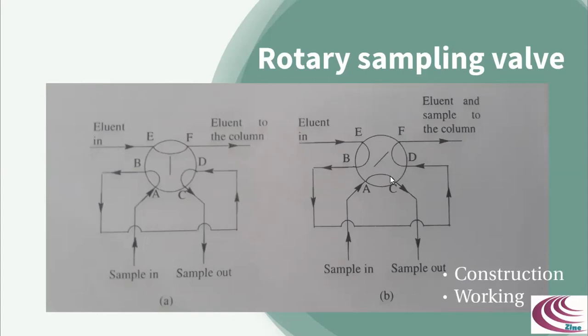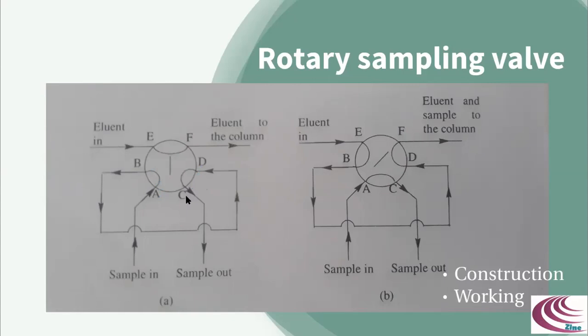In the filling mode of the valve, that is point number a, sample solution is introduced from one end. The excess solution drains out from the other end. The loop ABDC, that is A, B, D and C, contains a fixed volume of the sample solution.